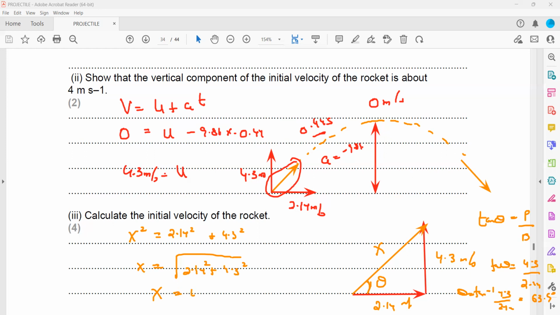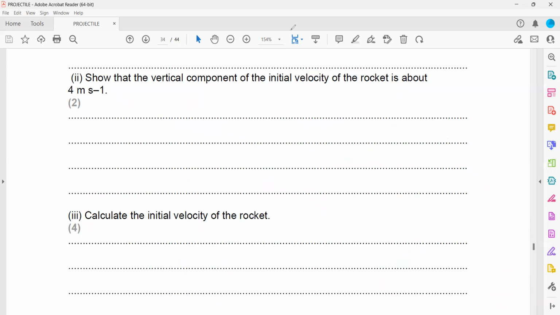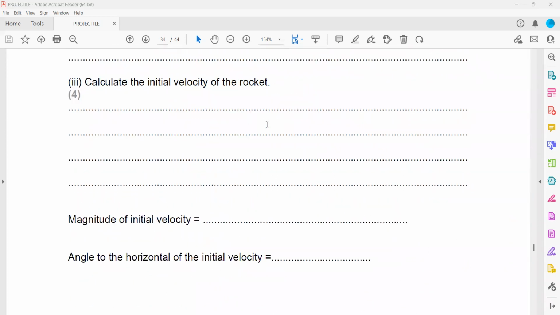The value of x is 4.8 meters per second. So if we have horizontal and vertical components, we can just use the Pythagoras theorem to work out the initial velocity. And same thing, if we know the vertical and horizontal components of the final velocity, we can also work out the final, total velocity.